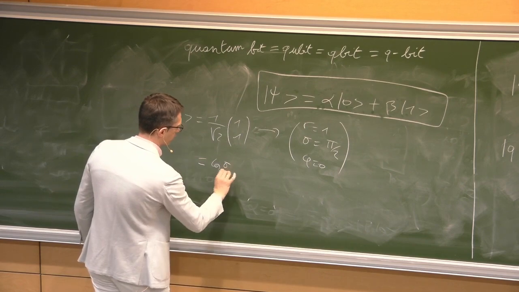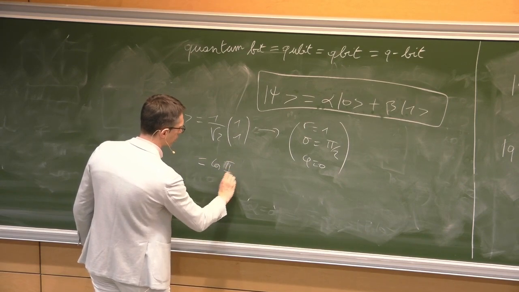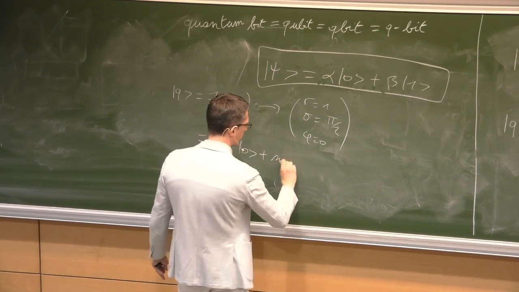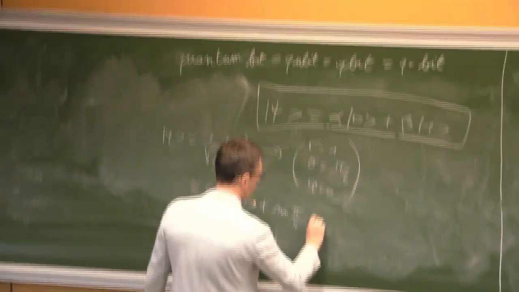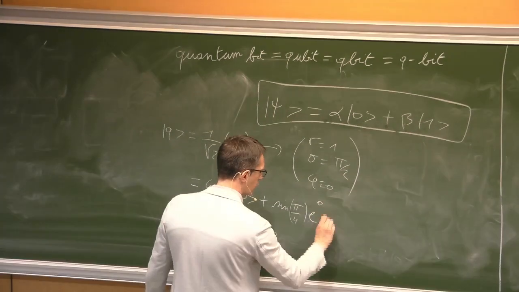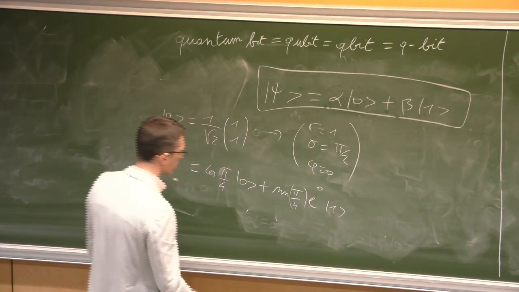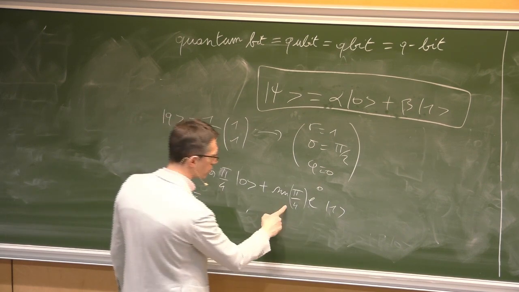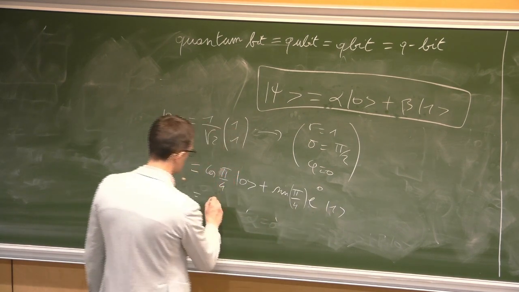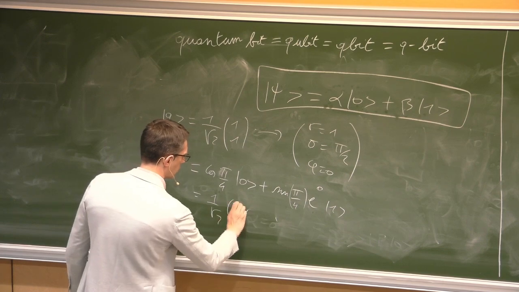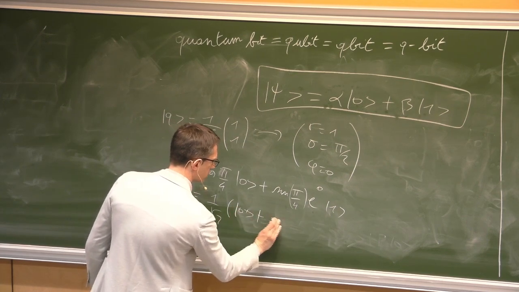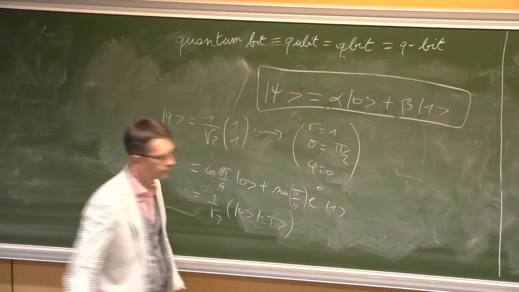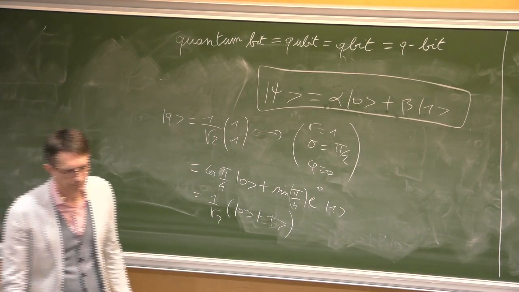Because we have the same thing: cos pi over 4, 0, plus sine pi over 4, exponential 0, and 1. This is 1 over square root of 2, 1 over square root of 2, 1. So I've got 0 plus 1. Okay? And so on and so forth.